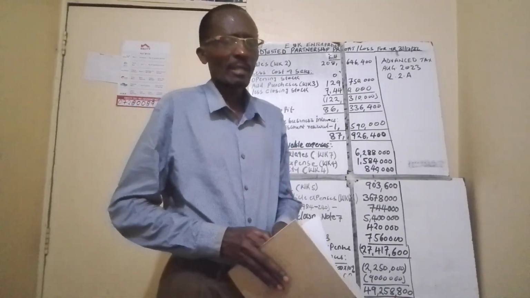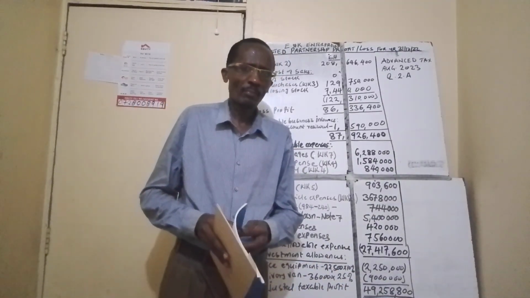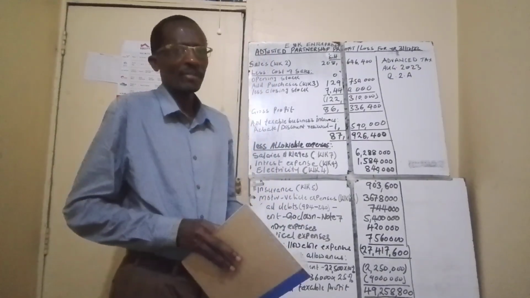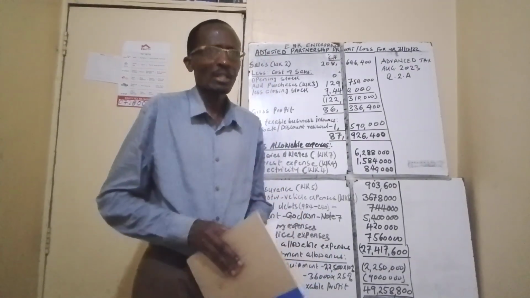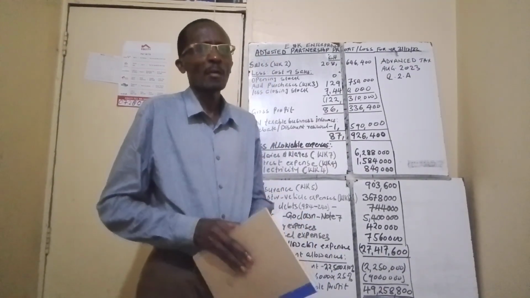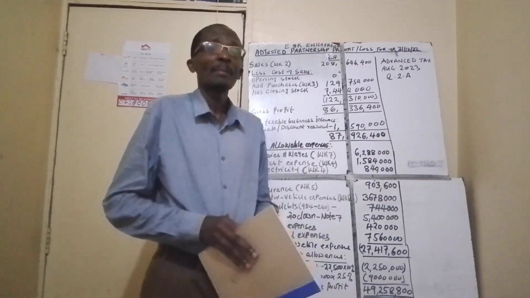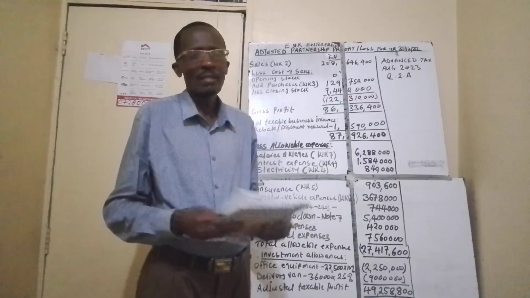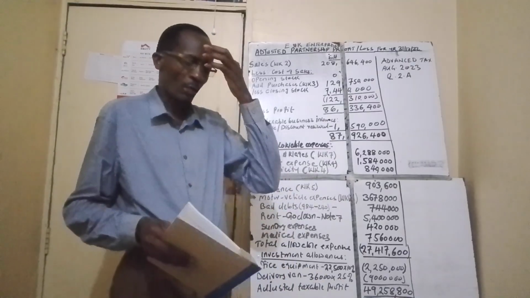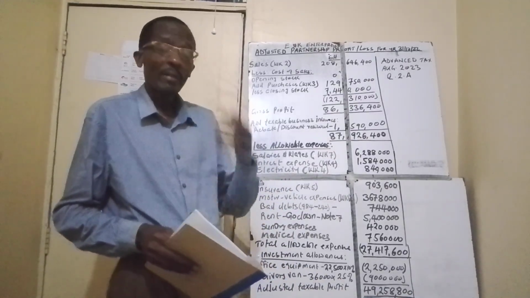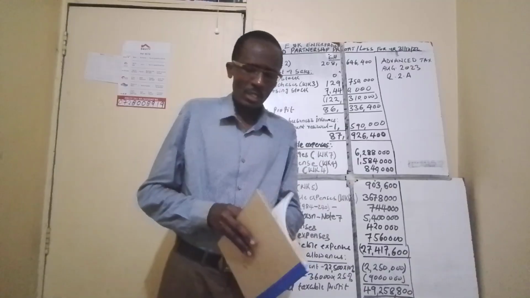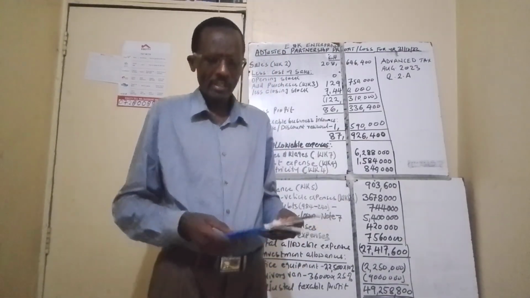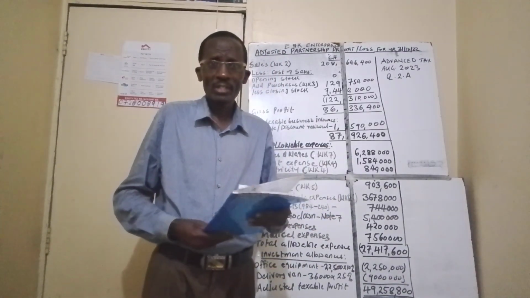Another thing that we should have in mind as far as taxation of partnership is concerned is how to prepare a partnership allocation schedule. I believe you have an idea of how to prepare the allocation schedule. So those are two things that I believe you are conversant with.